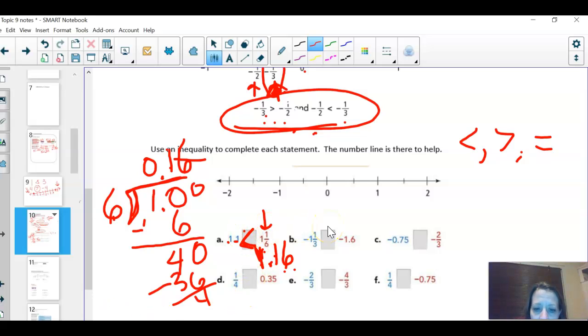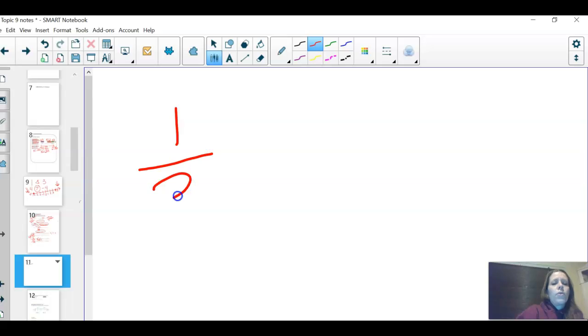So let's look at this one. Let's look at B. Negative 1 and 1/3 and 1.6. Oh, I remember from yesterday, I know the fraction for 1/3. Y entonces yo sé que ayer nosotros estábamos hablando sobre 1/3.